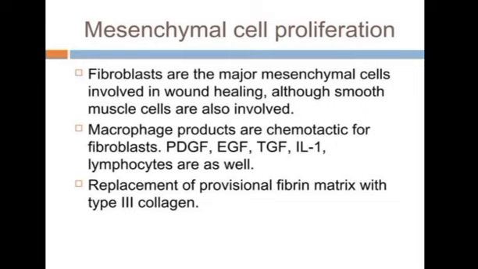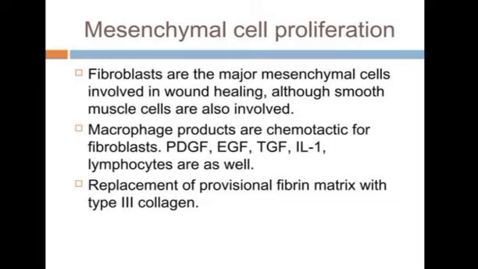Mesenchymal cell proliferation: fibroblasts are the major mesenchymal cells involved in wound healing. Other small mesenchymal cells are also involved. Macrophage products are chemotactic for fibroblasts: platelet derived growth factor, endothelial growth factor, and interleukin 1.